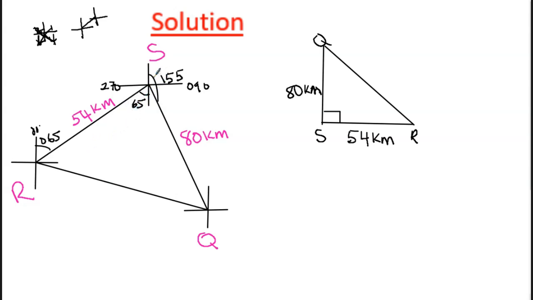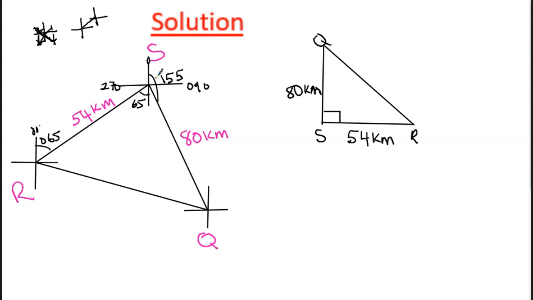So the ship then moves from Port S to Q on a bearing of 155. Now from 0, the positive x-axis, to this point is 90 degrees. But when you get to this side, to 180, 155 will be a little over the middle part.